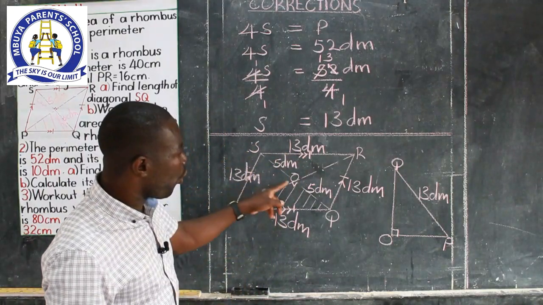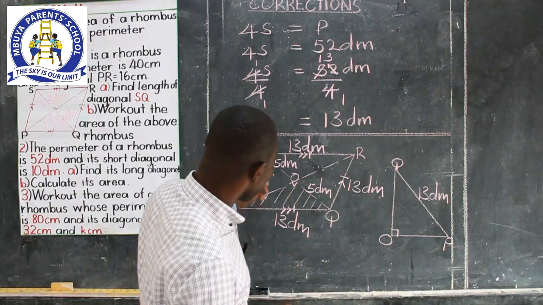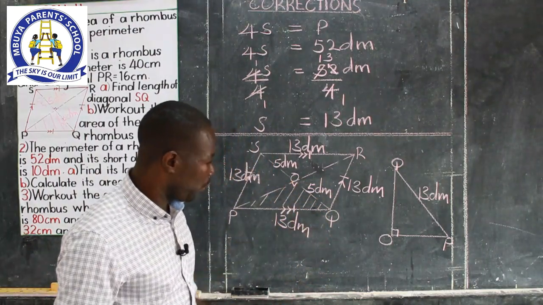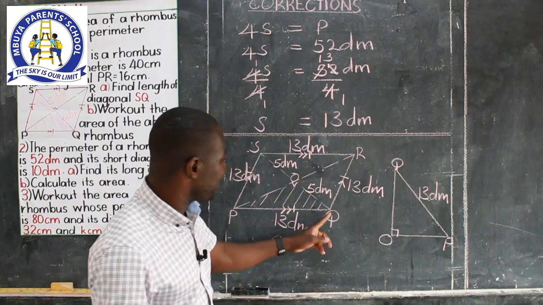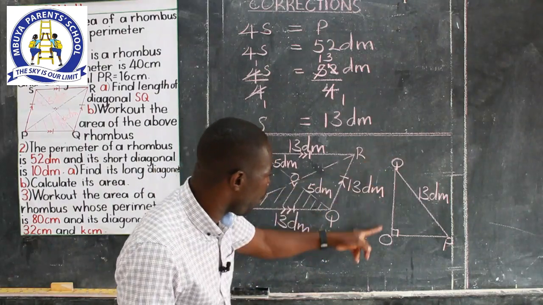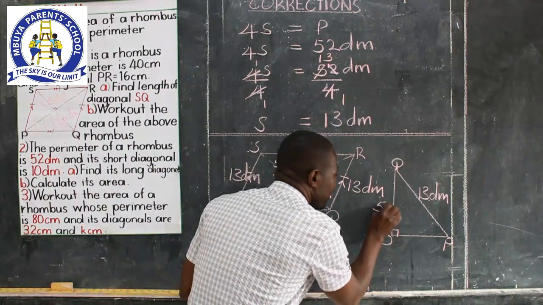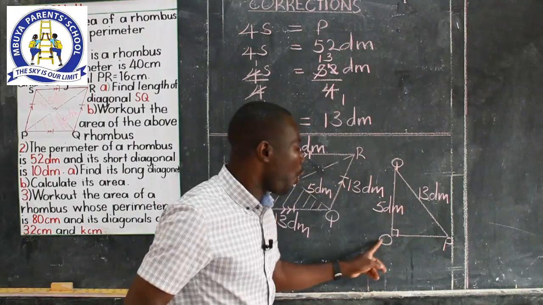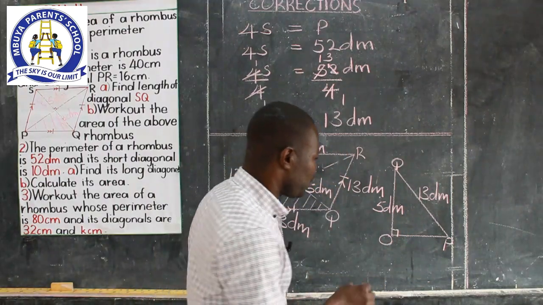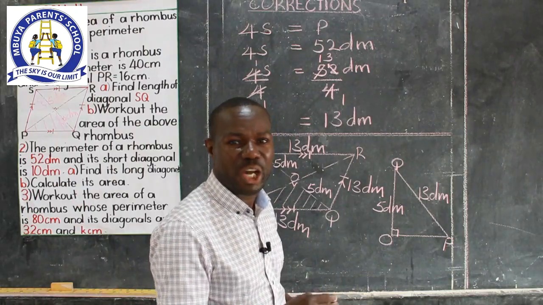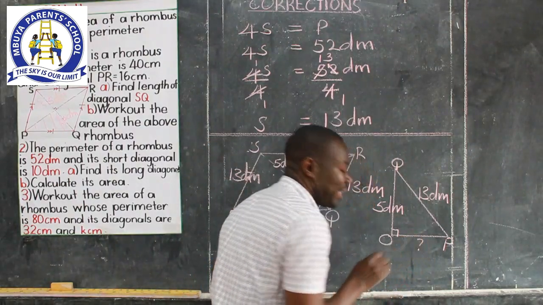Therefore, SO is equal to OQ. And therefore, for this case, QO is 5 decimeters. And OP is not given. So it is the one we are using to help us get the diagonal. So we shall be missing it.